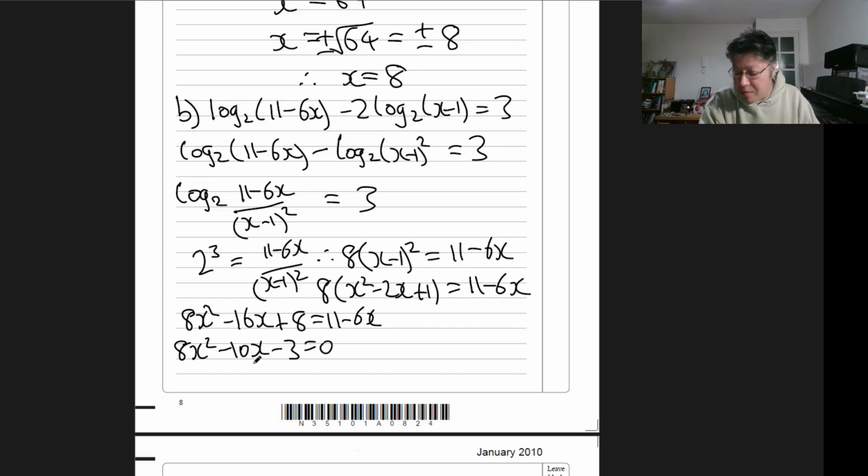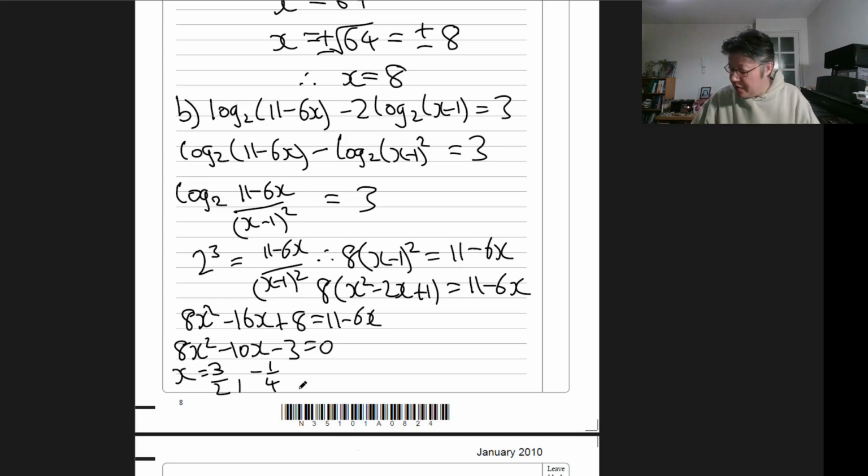We can use any method, but since we have access to the calculator in the exams, I'll solve this with the calculator. So it's 8, minus 10, minus 3, and we get two solutions: x equals 3 over 2 and x equals minus a quarter.